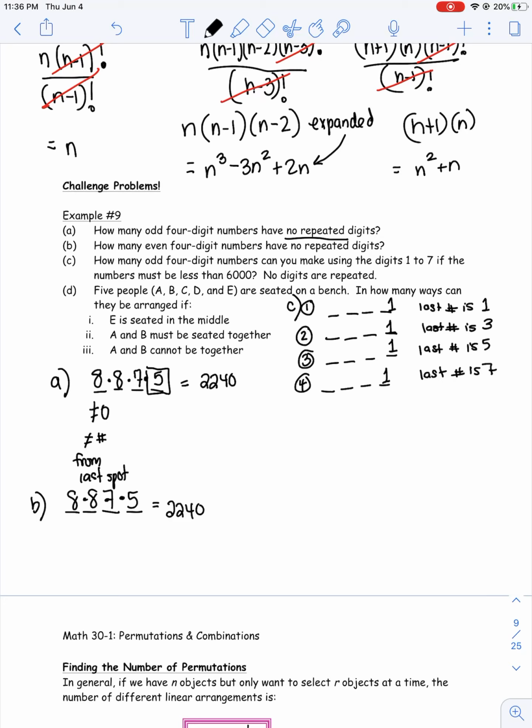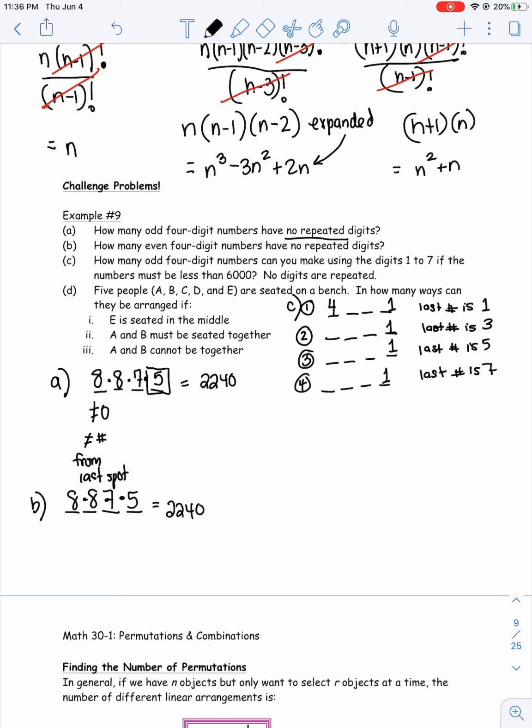Now, if you place a 1 in your last spot, there's 5 choices left for your first number, because that means you can have 2, 3, 4, 5, 6, actually there's 4 choices left, because it says you can use the digits 1 to 7 if the number must be less than 6,000.